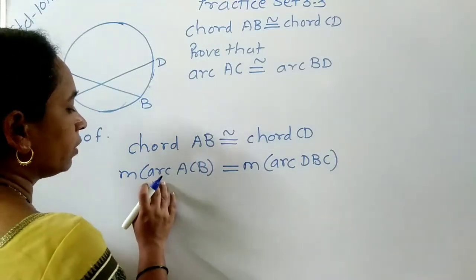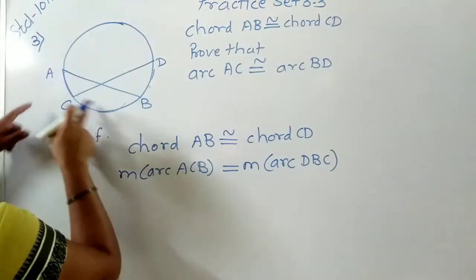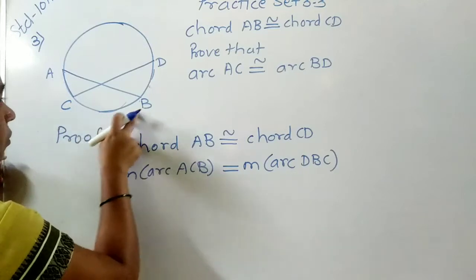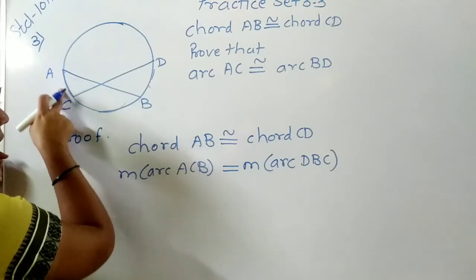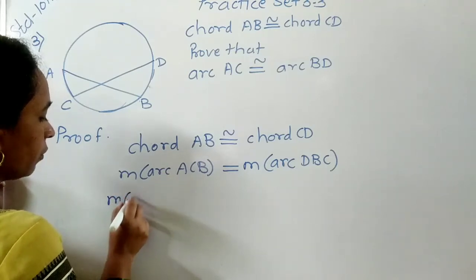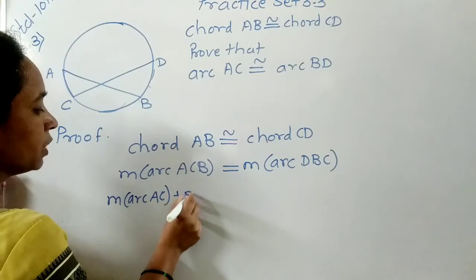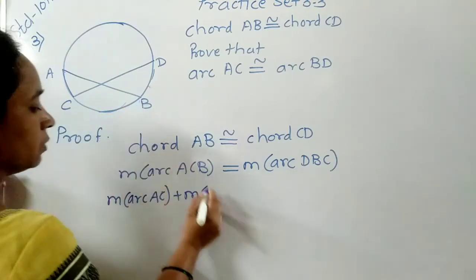So here I have written arc ACB, but the arc ACB is formed by two arcs. Which are the arcs? AC and BC. So instead of this, I can write measure of arc AC plus measure of arc BC.